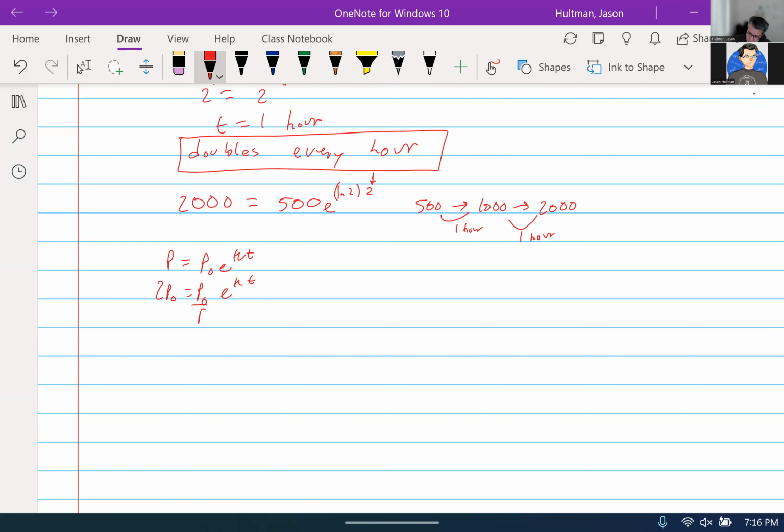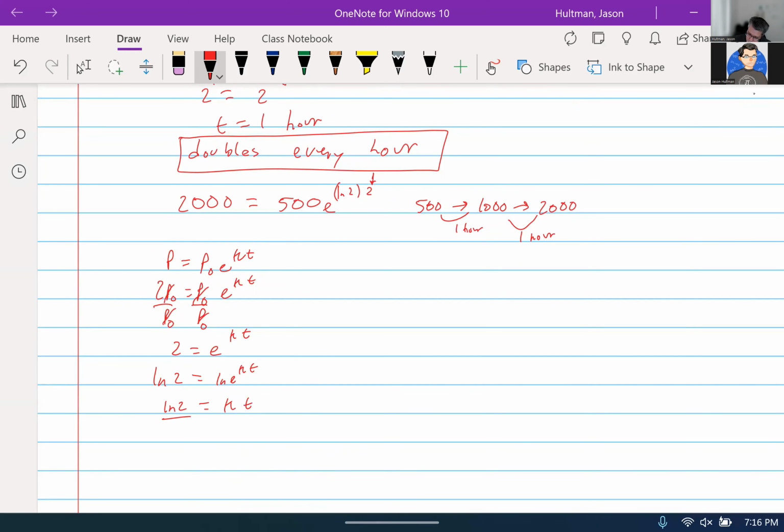then I can divide by P naught, and I get 2 is equal to e to the kt. Take the natural log of both sides, and I get the natural log of 2 is equal to kt.